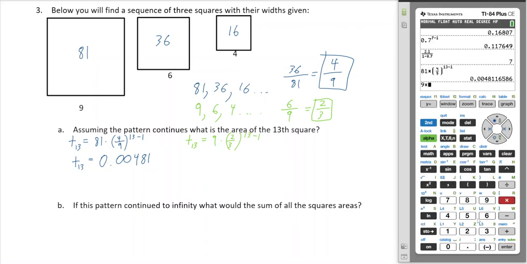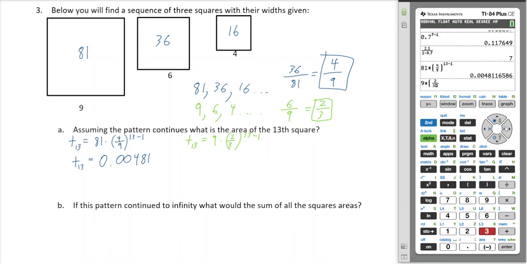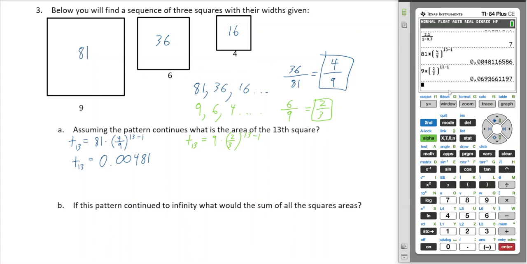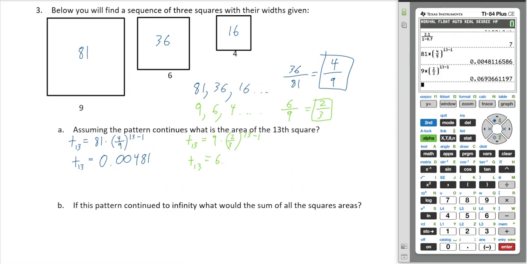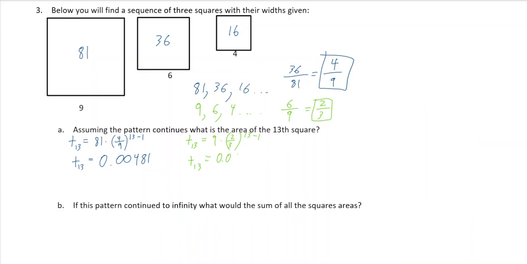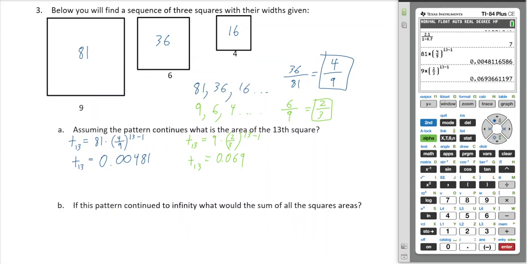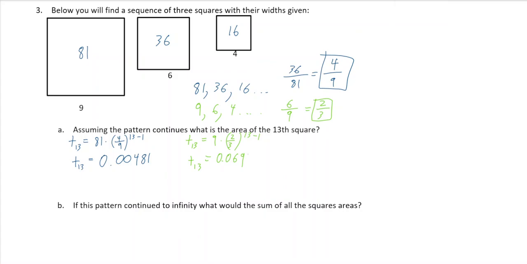So 9 times 2/3, and then to the exponent, 13 minus 1, and you're going to get this value, which is 0.069. I'm going to say 694. Okay, so we have that value.